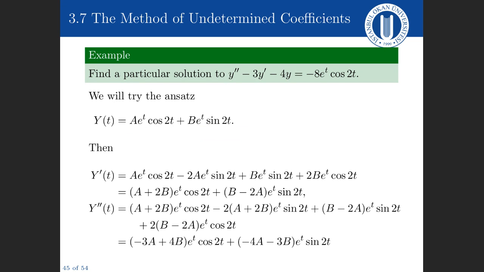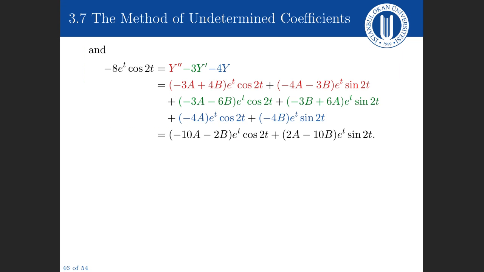Then we differentiate this function 2 times. I shall leave this calculation for you to check. Substitute into the differential equation, and then look to see what we have. We have minus 10A minus 2B on the right and minus 8 on the left. Multiply by minus 1 just to get rid of minus signs.